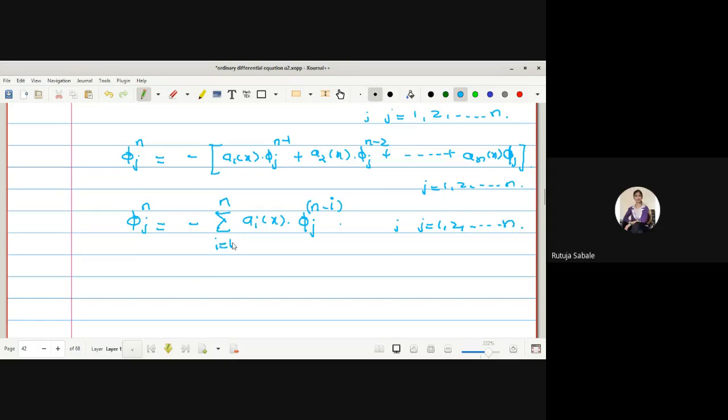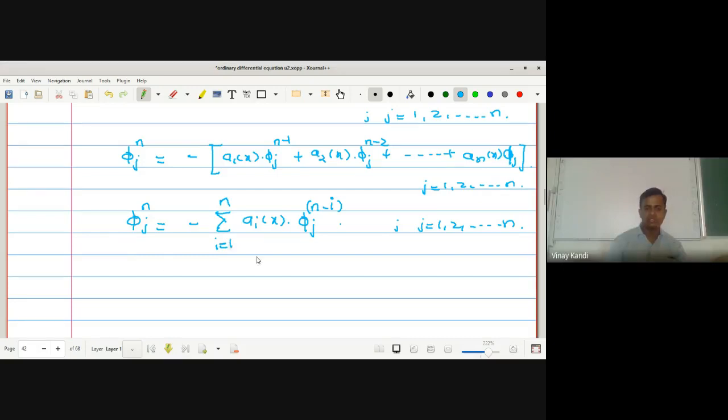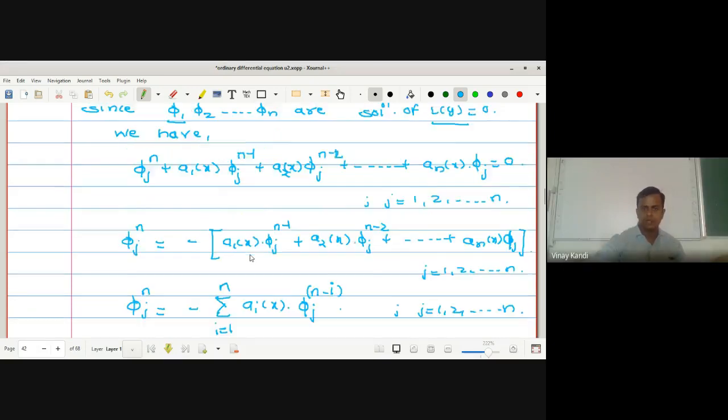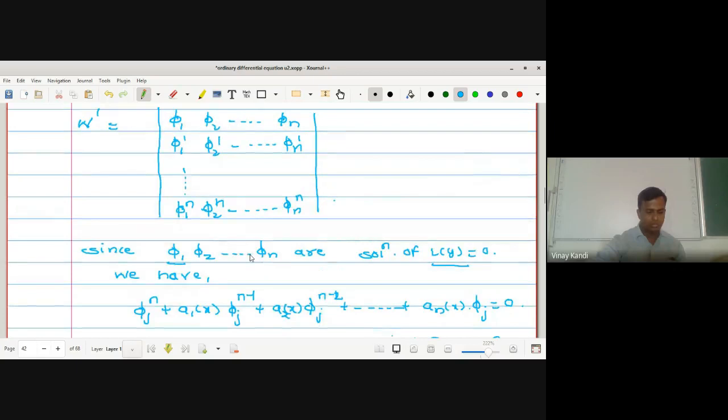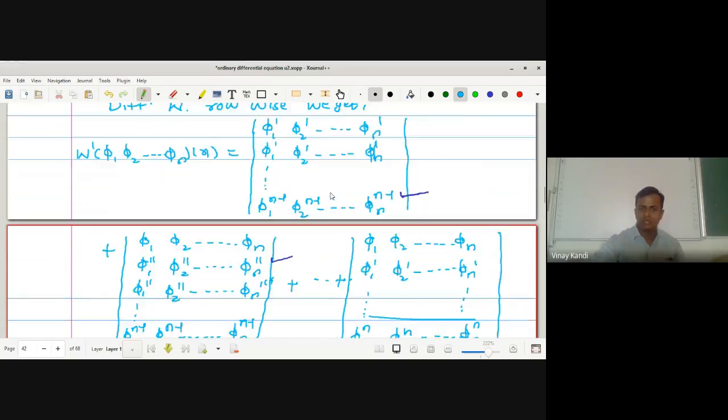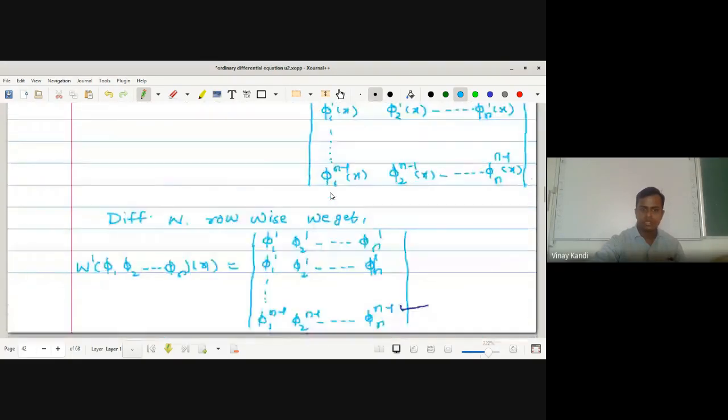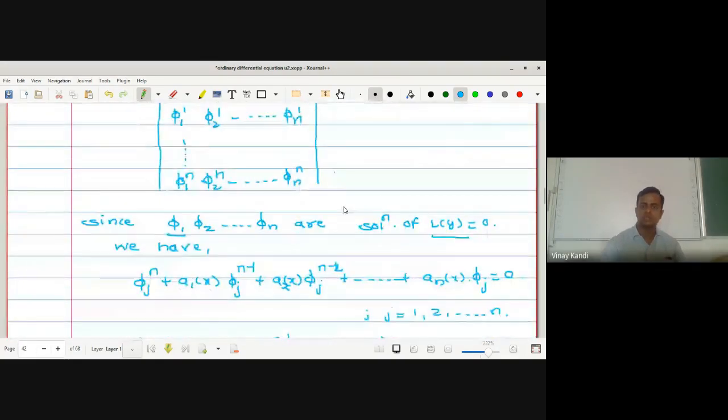Yes, sir. Now put these values in the above determinant. Give this some equation number. Did you give an equation number? No, you didn't. So put these values in equation 1. So this is equation 1.